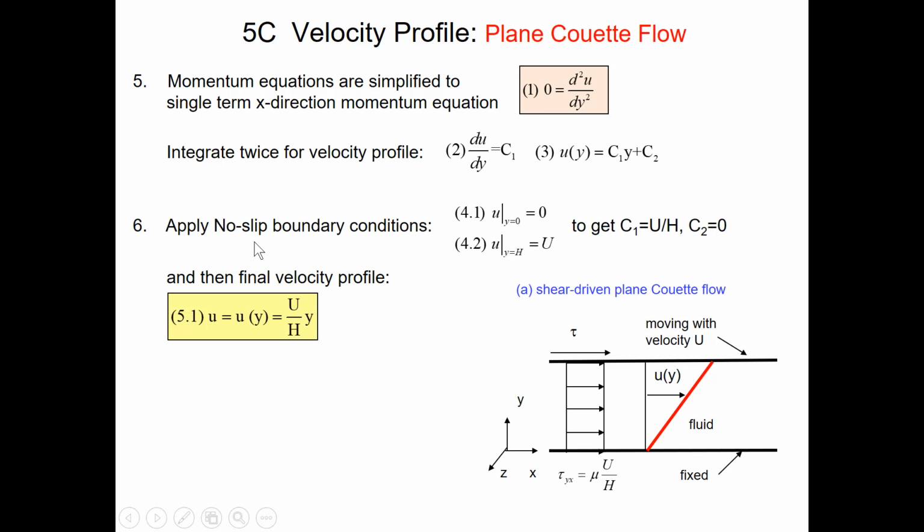Then we apply no-slip boundary conditions to get constants C1 and C2. Eventually, we get the velocity profile presented in equation 5.1. By checking, it is noticed the velocity does not change along the flow direction.